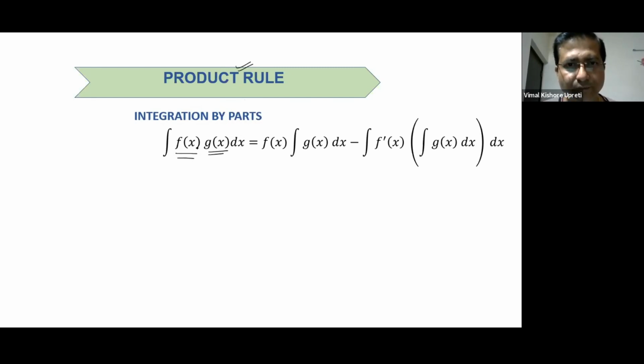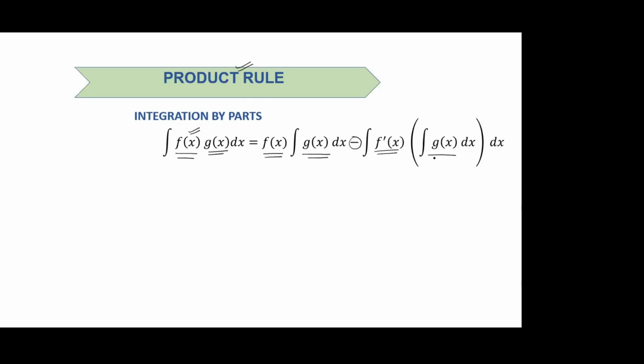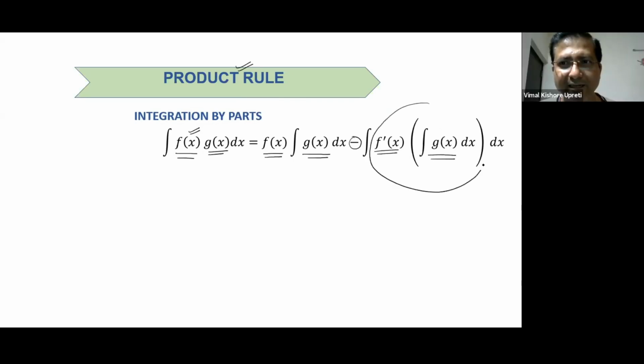What we are supposed to do: whatever I am considering first, I'll take this out and integrate the second one. Then I'll put a minus sign. First one I differentiate, second one I integrate.